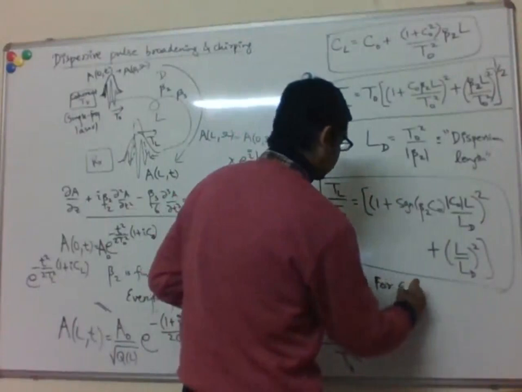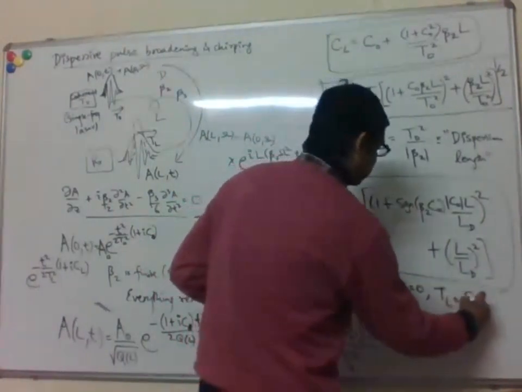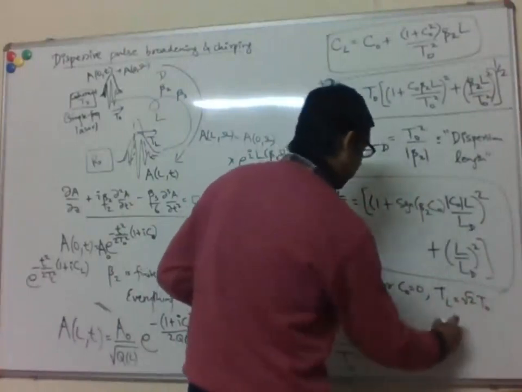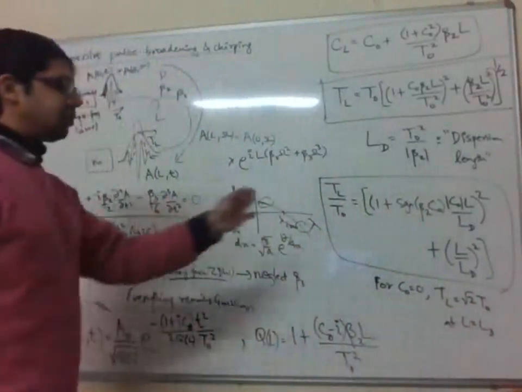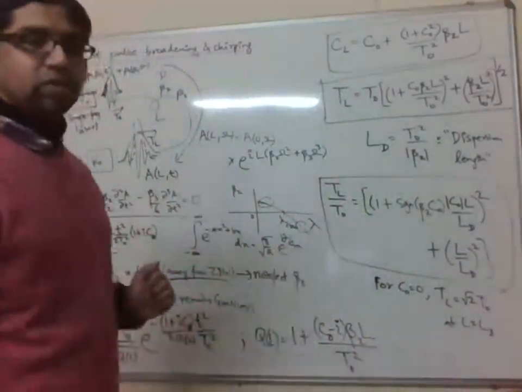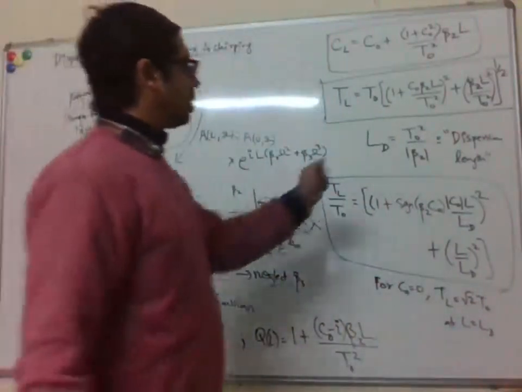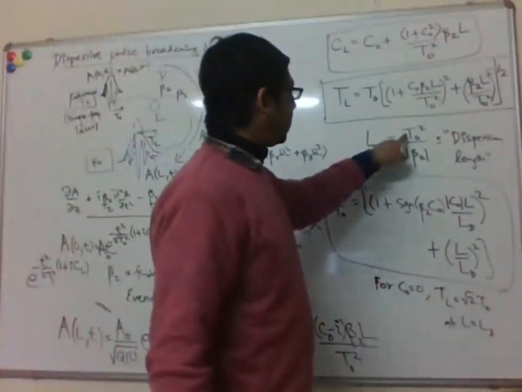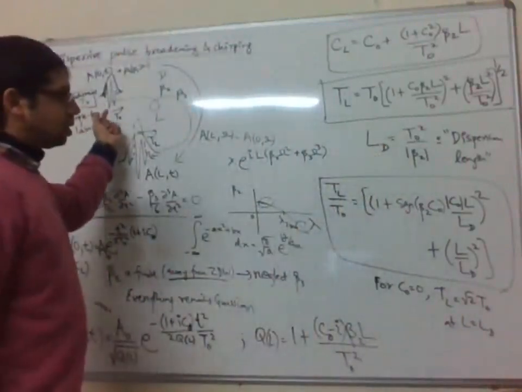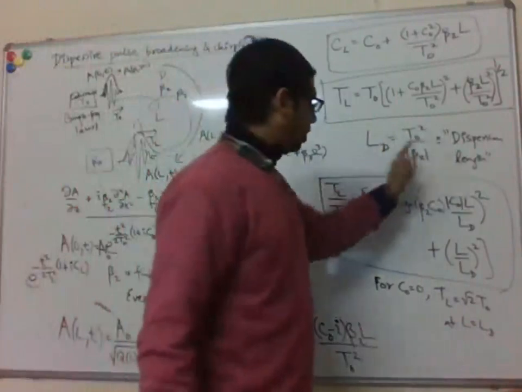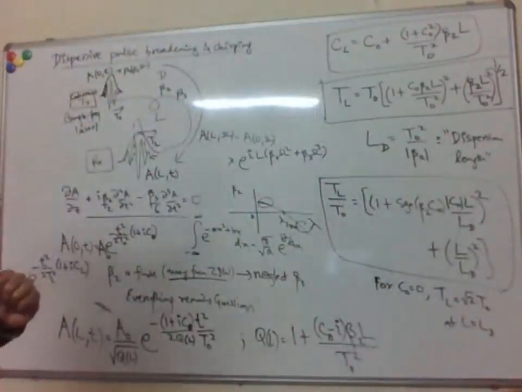So for an unchirped input pulse, TL becomes square root of 2 times T naught at L equal to LD. So basically it's the length after which the pulse width broadens by a factor of square root of 2. And you can see it depends on the input pulse width. If you have a shorter pulse at the input, the dispersion length is smaller, which means that it broadens faster.